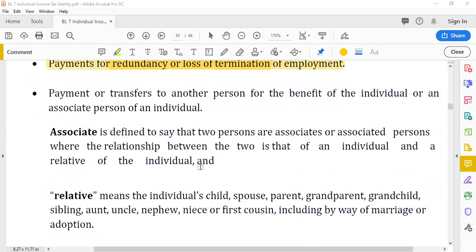Payment or transfer to another person for the benefit of an individual or an associate person. Right. It is very important. Payment or transfer. You assume payment. Payment to another person for the benefit of an individual or an associate person of an individual. Right.